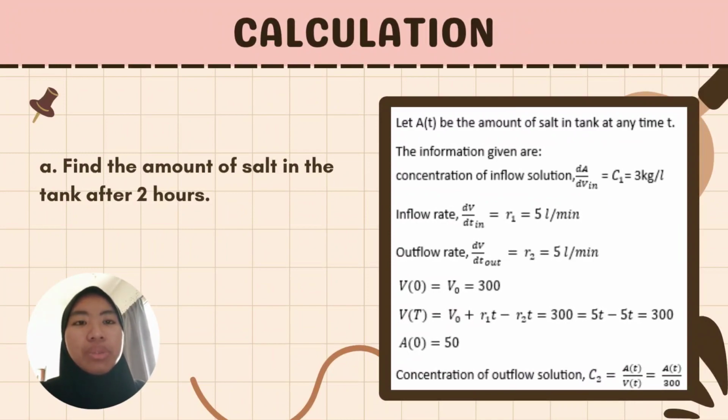The outflow rate is also R2 equal to 5 liters per minute since the inflow and outflow rates are equal. The volume of solution in the tank remains constant at 300 liters through the process. Because the solution is well stirred, the concentration of salt in the tank at any time t is uniform and is given by C2 equal to A(t) over V(t) equal to A(t) over 300.